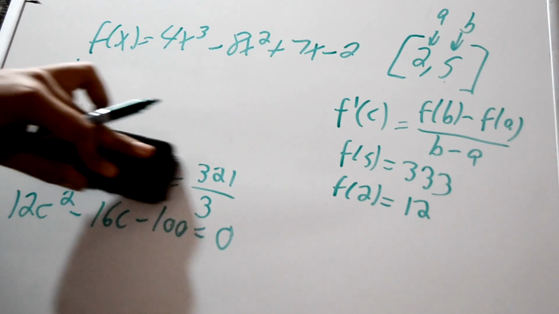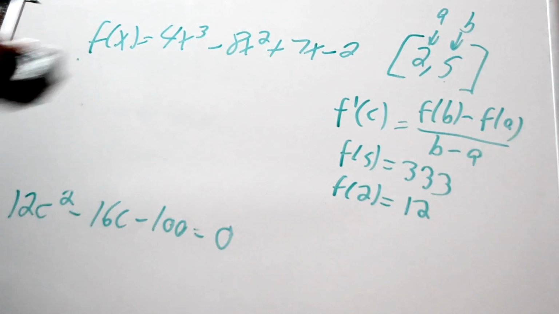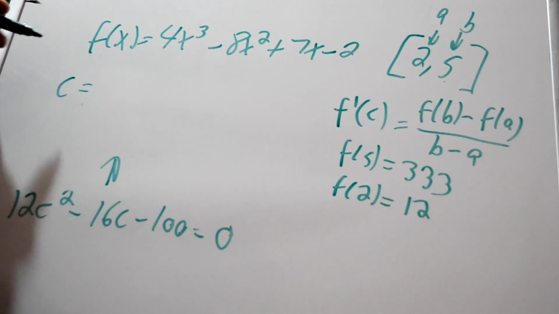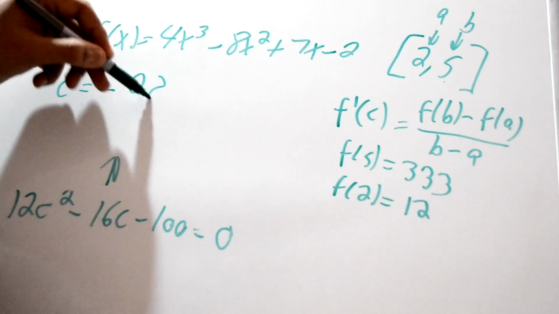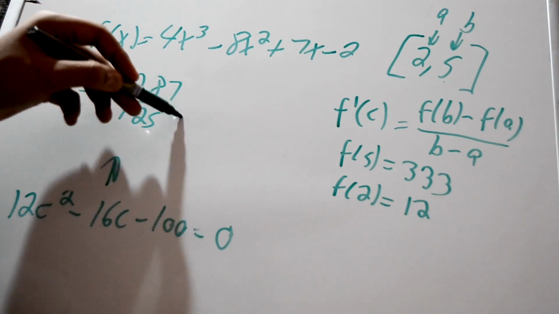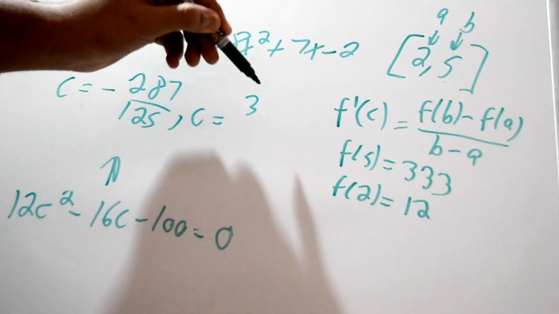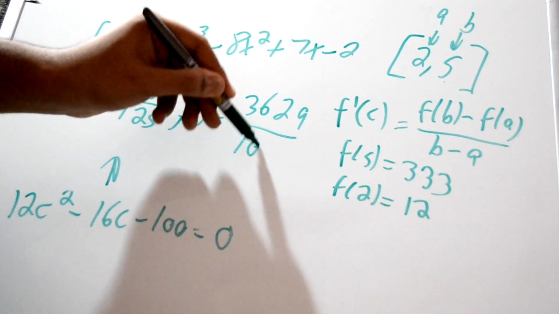The c is going to be equal to negative 287 divided by 125, and the other value is 3,629 divided by 1,000.